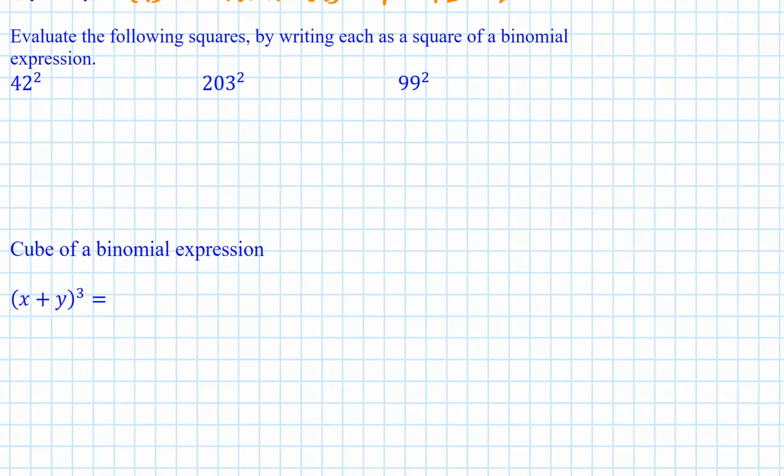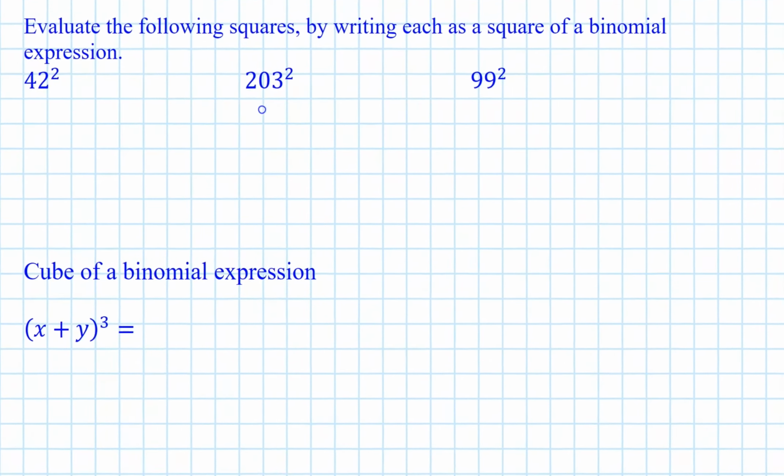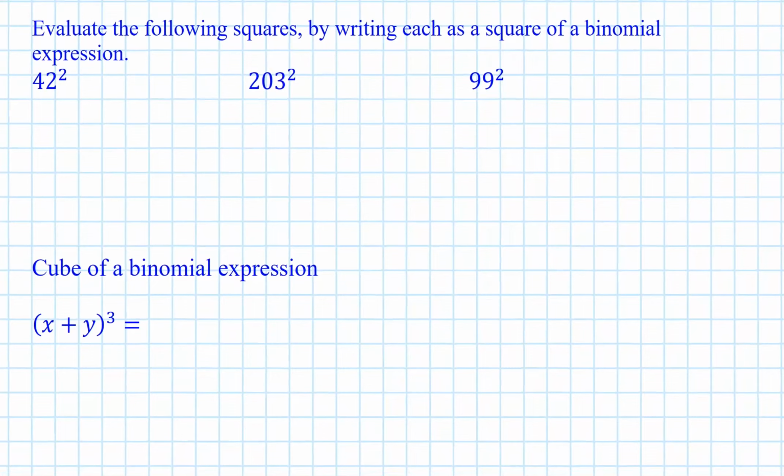Let's have a look at how to evaluate these squares using binomial expression expansions. First one is 42 squared. We can write down 42 as 40 plus 2 squared. Then we apply the formula.